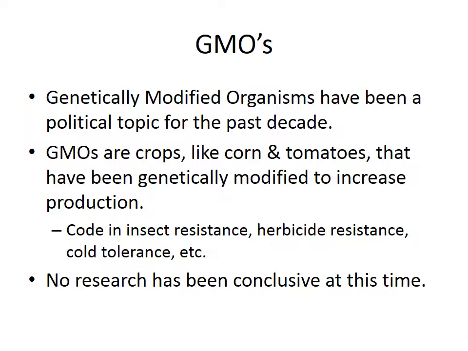What they'll add are things like insect resistance, herbicide resistance. Some of you might have heard of Roundup Ready soybeans. Roundup is an herbicide. It kills weeds. So you can spray that all over your crops, and your crops will live, the weeds will die. Of course, they're finding problems with that now because all the weeds are becoming resistant to Roundup, which anybody could have predicted.